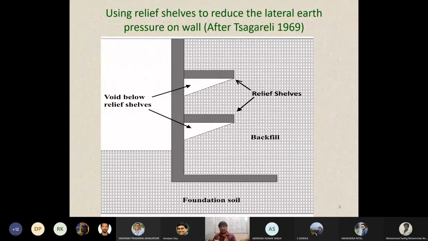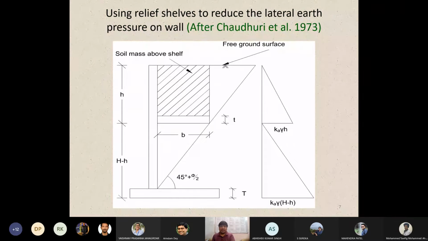However, he suggested that such a wall will work only when the backfill is filled in a particular manner. Once the wall and relief shelf have been properly and monolithically constructed, while backfilling there should be a void. He proposed that only when this void exists will this kind of wall work. However, with our studies, we have noted this is not true.